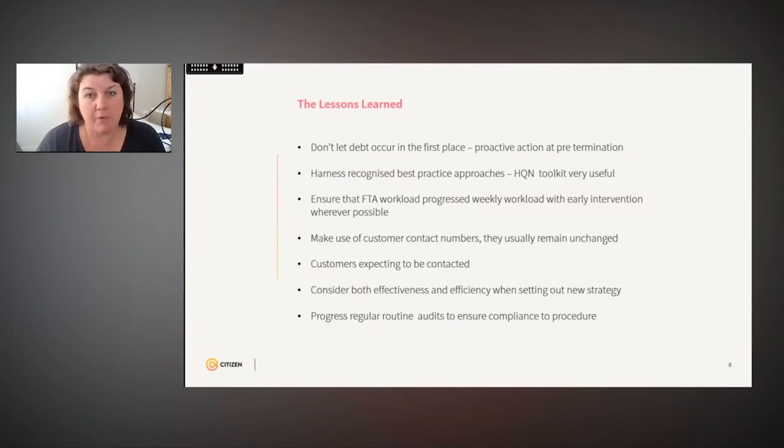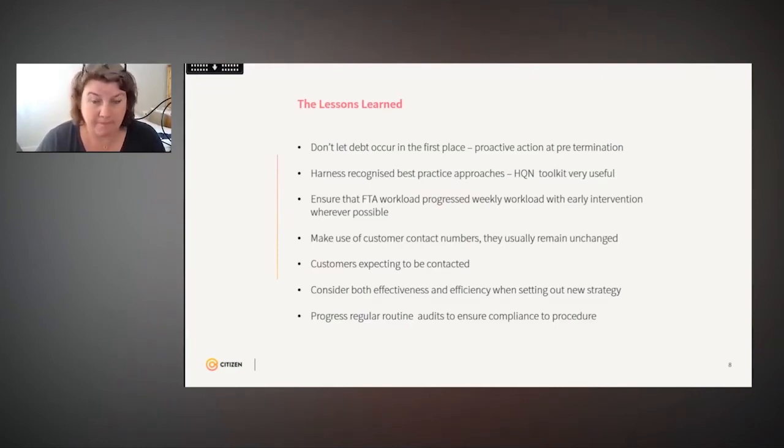And so now we carry out proactive action at pre-termination wherever possible. So if there's a termination date being entered into the system, you know, for 4 weeks' time, they've given their notice, we will start to make proactive action through that 4-week period to try and minimise the risk of that debt appearing in the first place.